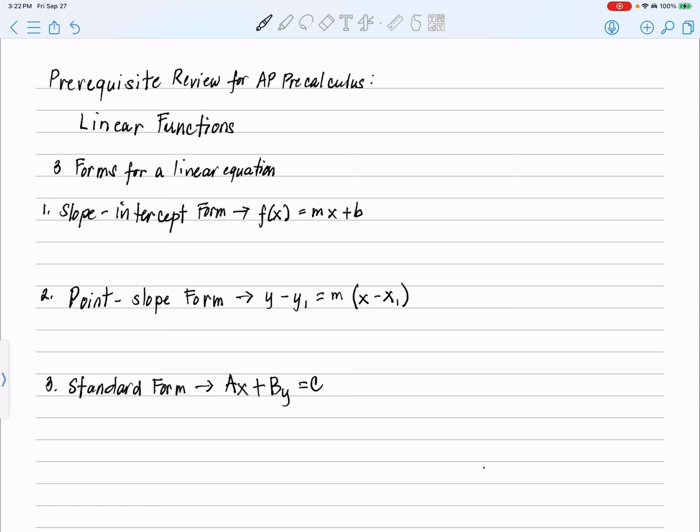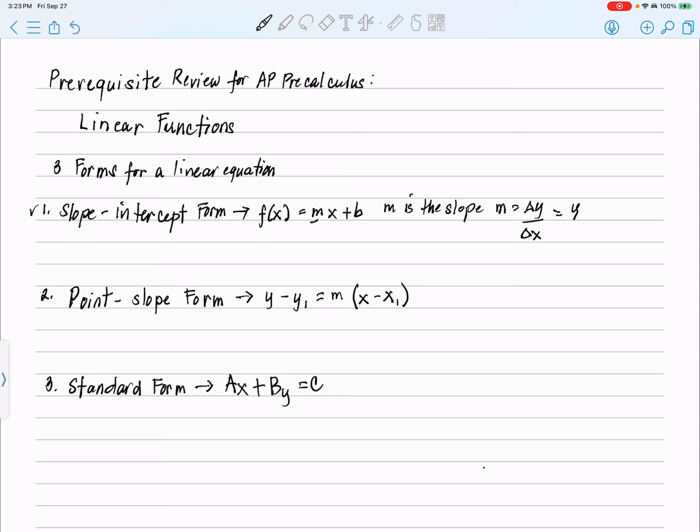There are three forms for a linear equation. One is the slope-intercept form, and that is f of x equals mx plus b, where m is the slope. And m is the change in y over the change in x.